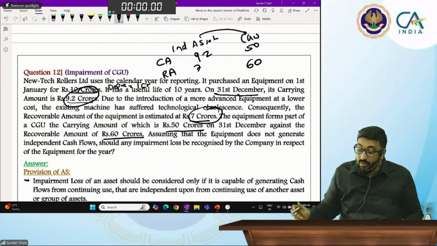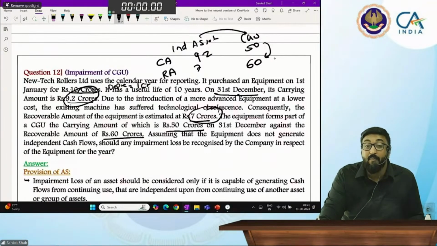CGU का. और सीजीयू का तो इंपेयरमेंट हो ही नहीं रहा है. हाँ, वो इंक्रीज हुआ है.